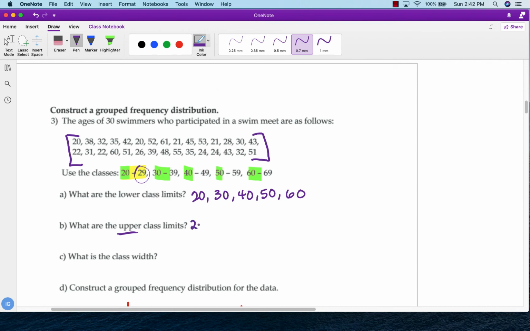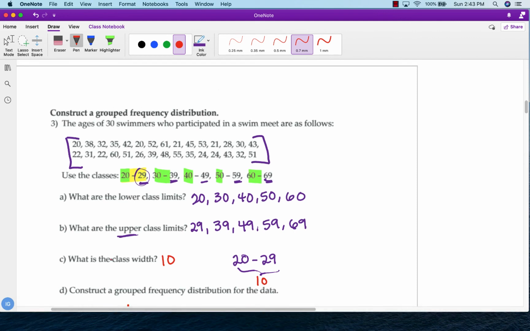So 29, 39, 49, 59, and 69. Okay, that will be these ones here. That's your upper limit. Okay, what is a class width? So basically, for example, since you have 20 to 29, what's the width of this? How many numbers are you covering there? In this case, from 20 to 29, that is 10 numbers. So the width of the class is 10.